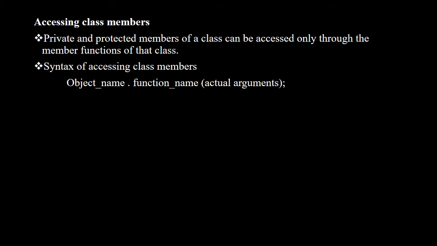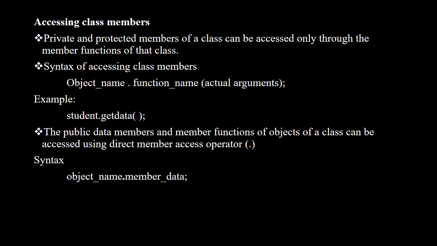Therefore, the syntax of accessing private and protected members of a class is object name dot function name argument list. Example is student.getdata. Here student is the name of the object and getdata is a member function.